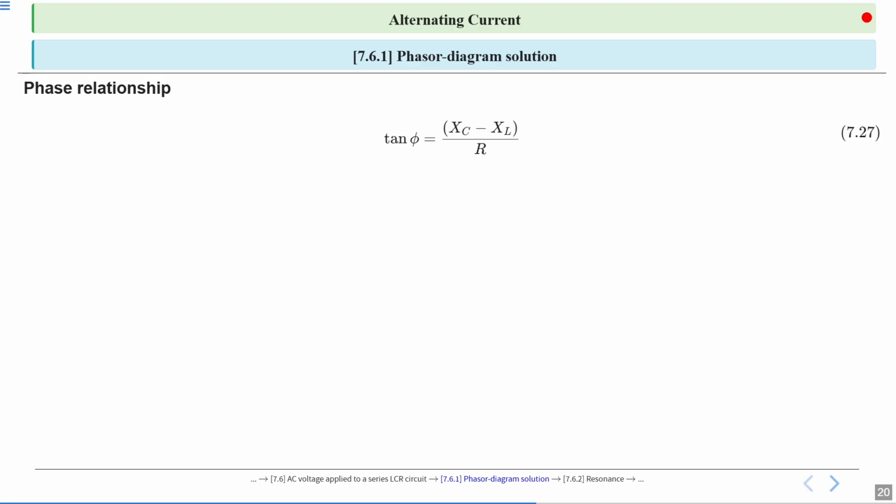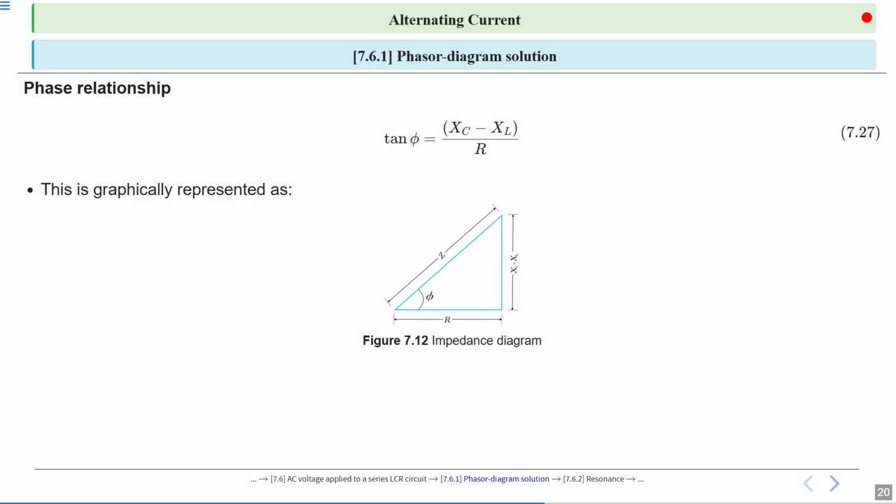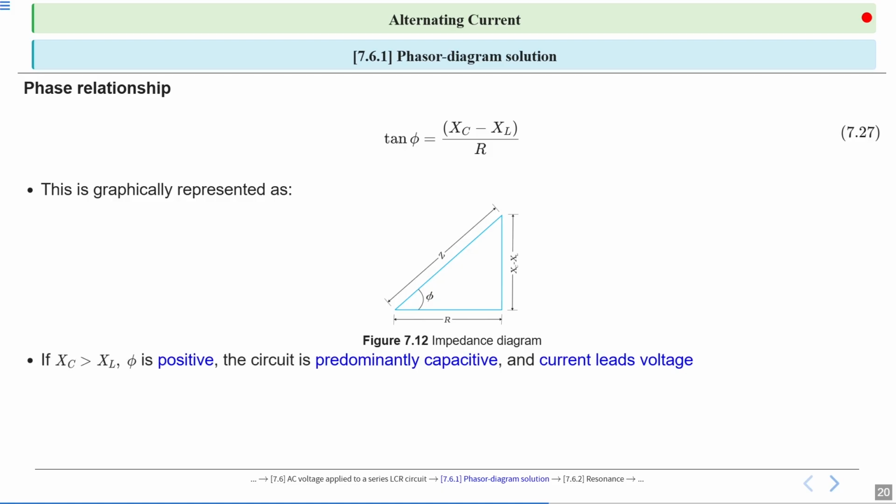So let's see the phase relationship. Tan phi is equal to Xc minus XL upon R, equation 7.27. This is graphically represented by the impedance diagram again, in the form of the difference of reactances, resistance and impedance. Now some special cases.